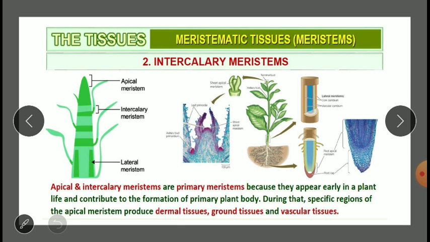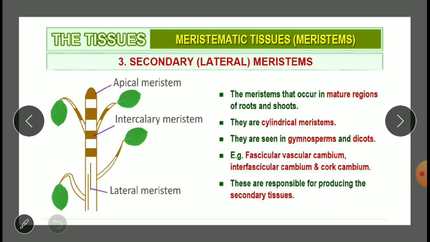Then we can see that the apical and the intercalary meristems are primary meristems because they appear early in a plant's life and contribute to the formation of the primary plant body. During that, specific regions of the apical meristem produce dermal tissue, ground tissue and vascular tissue. So they are helping to differentiate the other types of tissues, we can say.